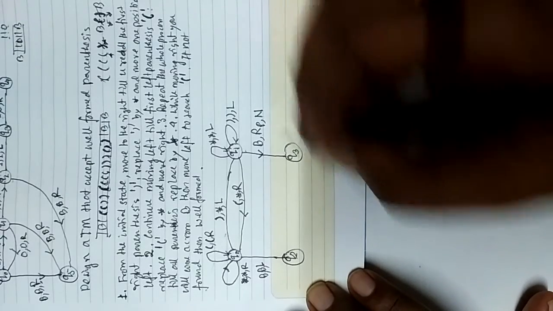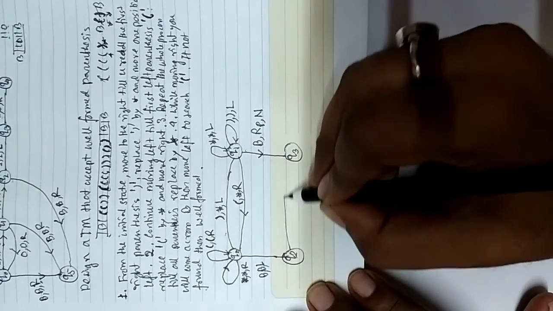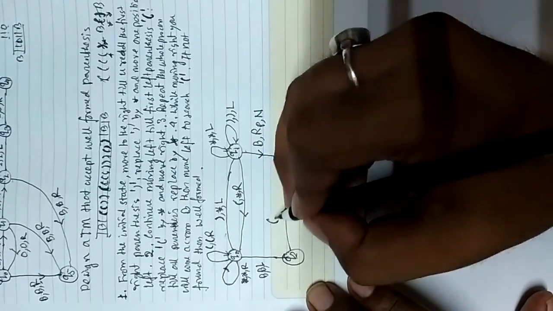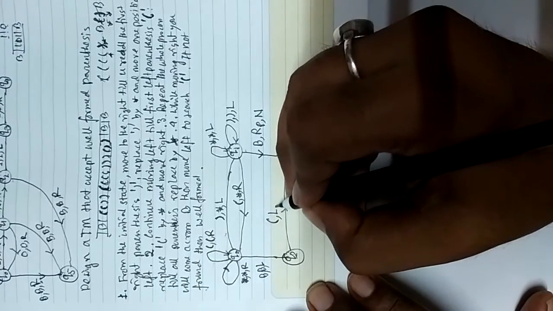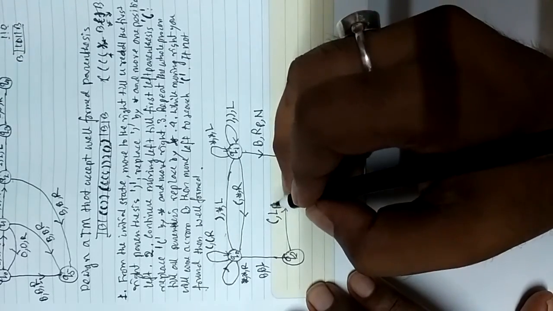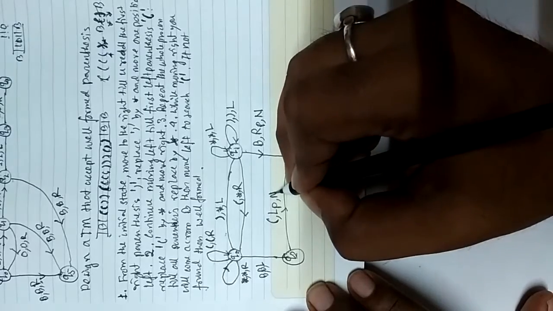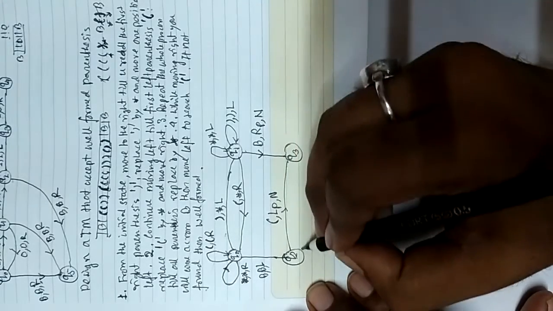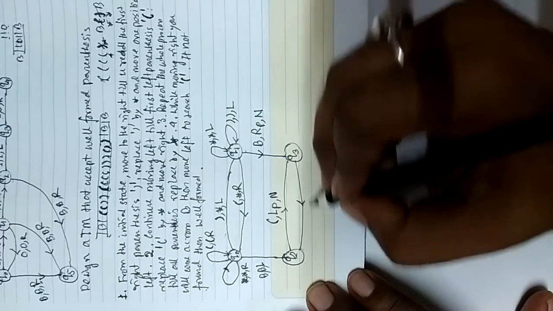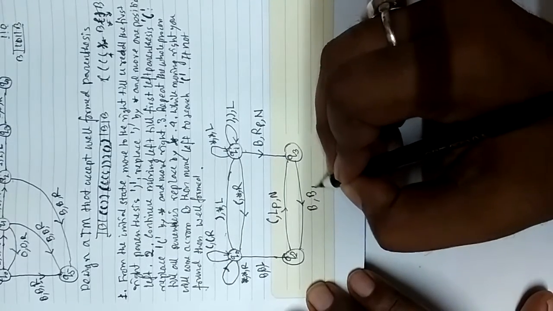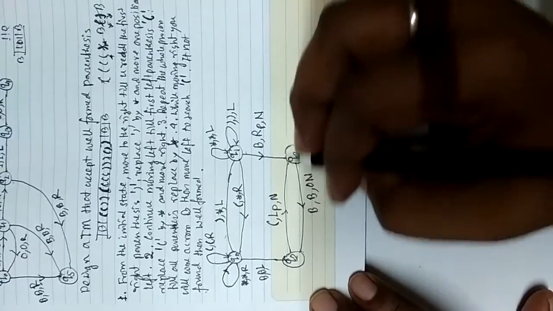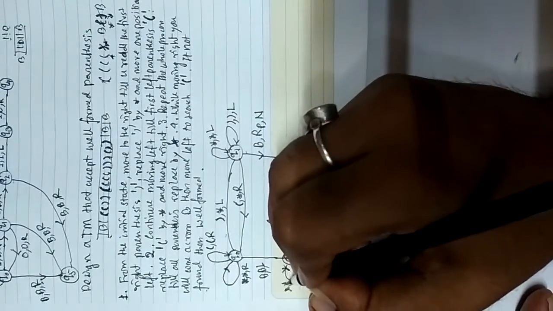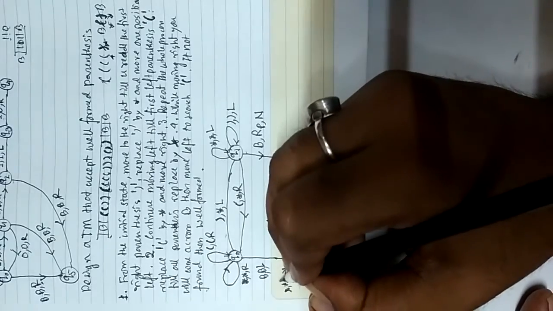Similarly, from Q2 state, it may happen that finally you are reading this blank, so replace this by LP, that is nothing but an output symbol, and you will not move anywhere. You just stay there and go to the halt state. Q2 may encounter this star, and it moves towards the left.